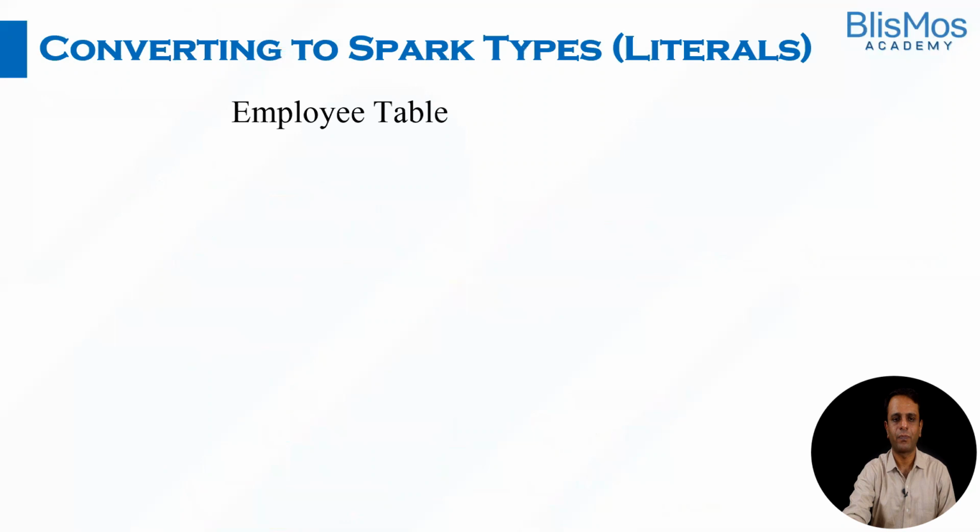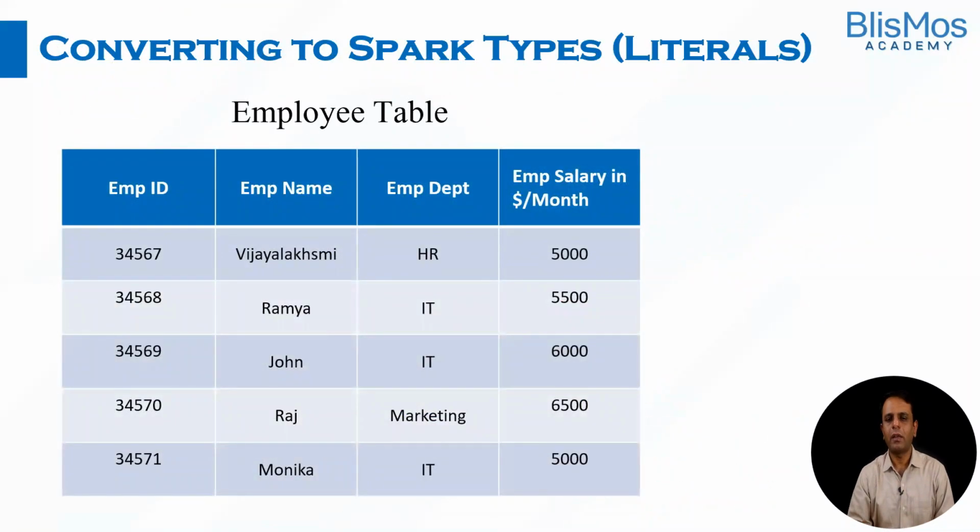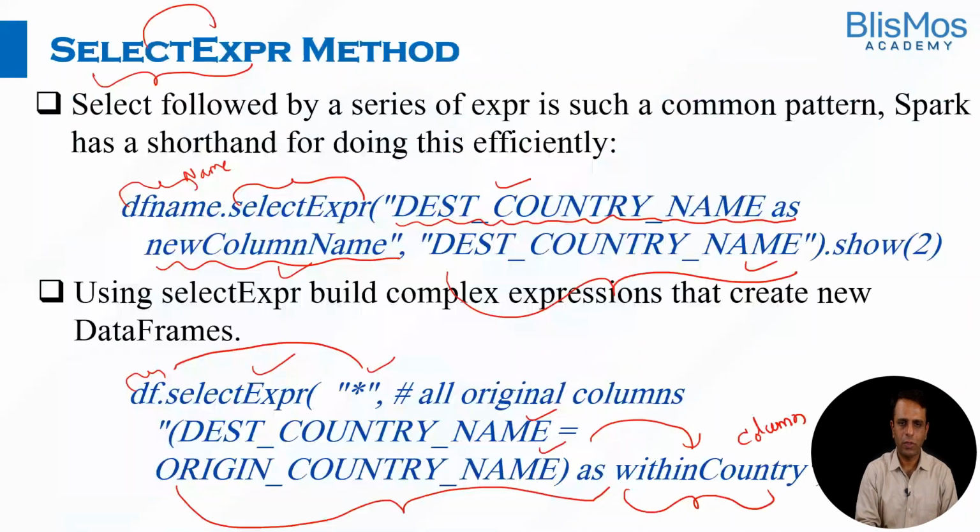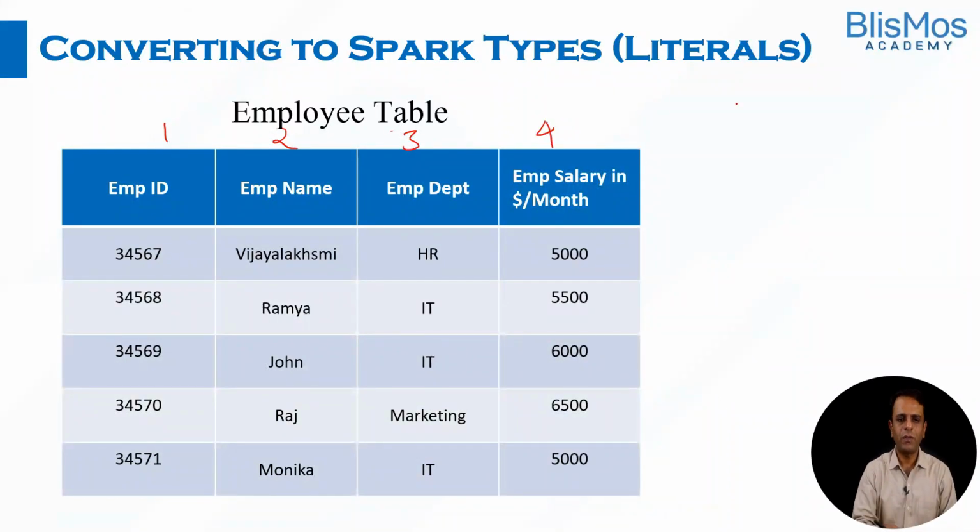Depends on our usage. Assuming that you have an employee table which has some 4 columns. Each column has employee ID, employee name, employee department and also employee salary. Now, in the post-pandemic era, hikes have become really tough, right?